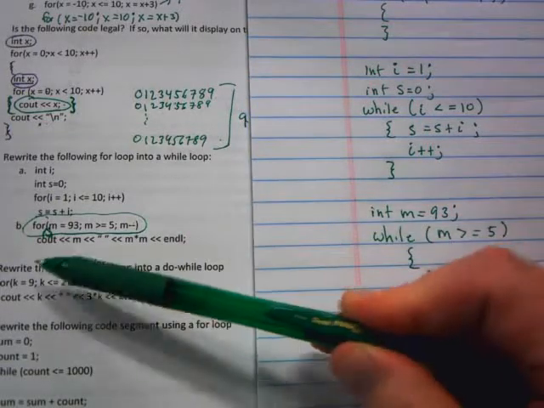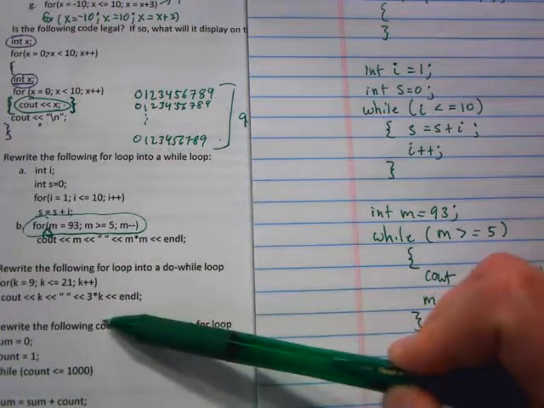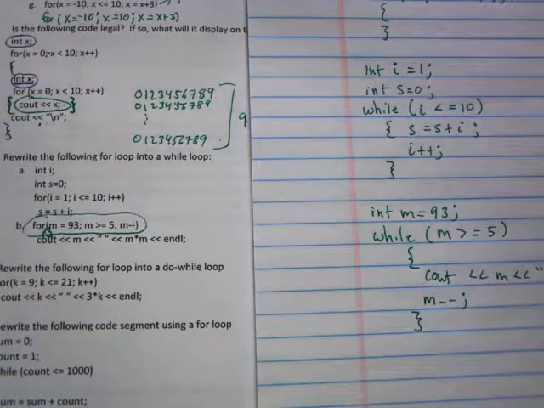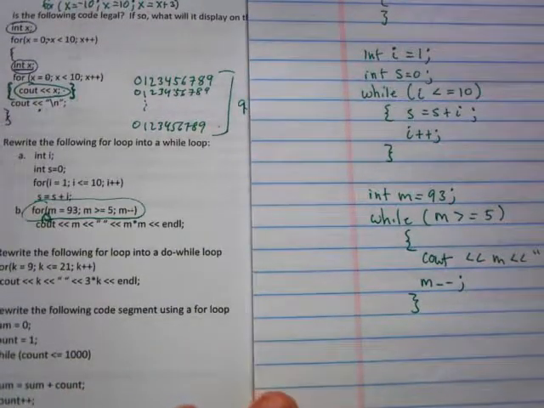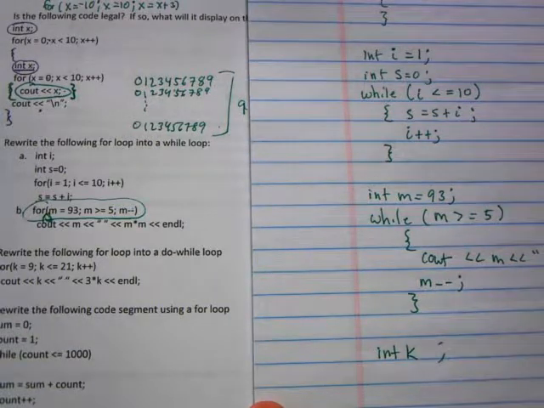What would be different about writing this as a do while loop? Anything? Say that again. Okay. All right, so let's do it. What would we write? I guess I need to start with an int k. Do.